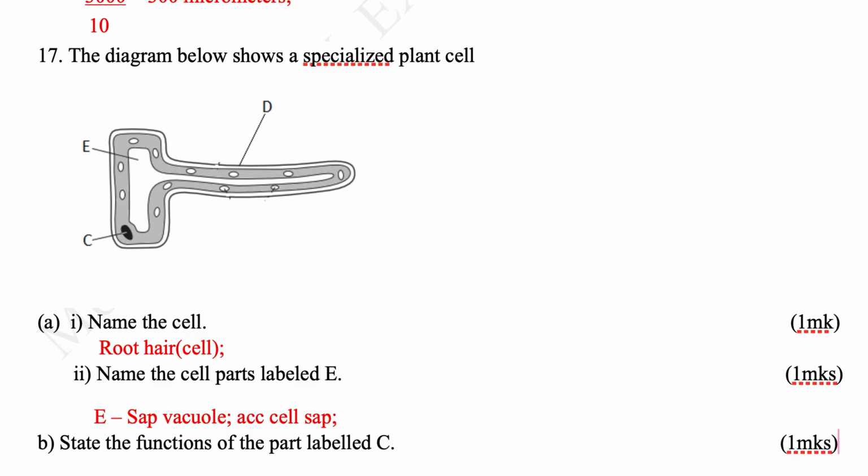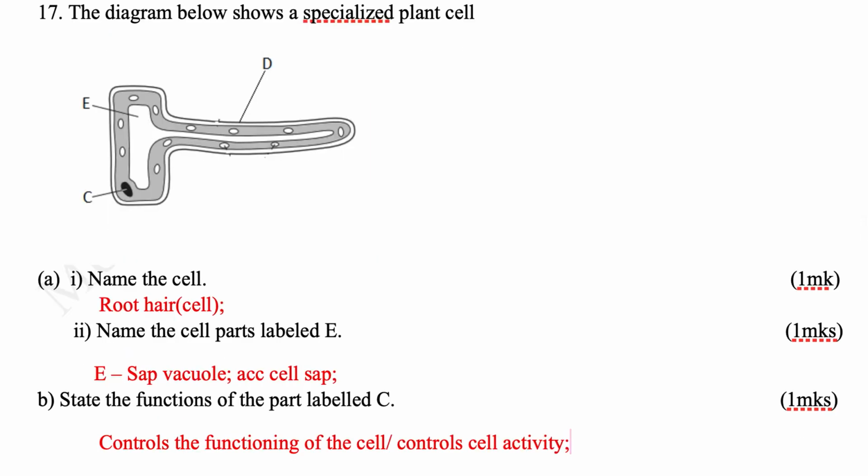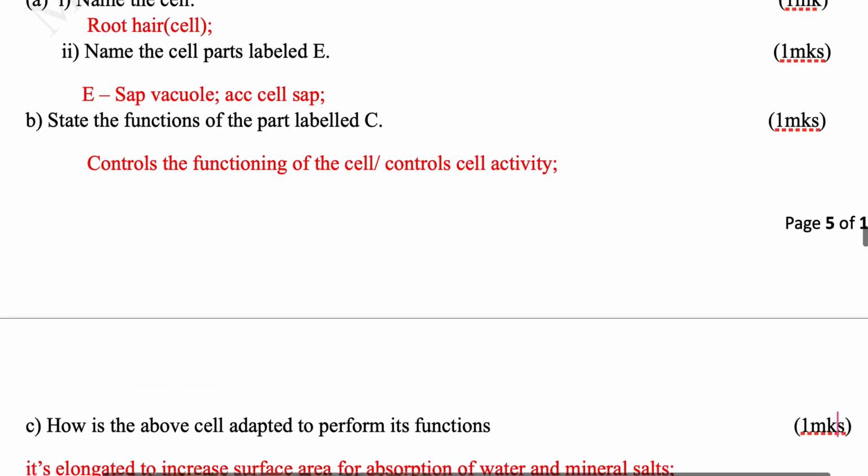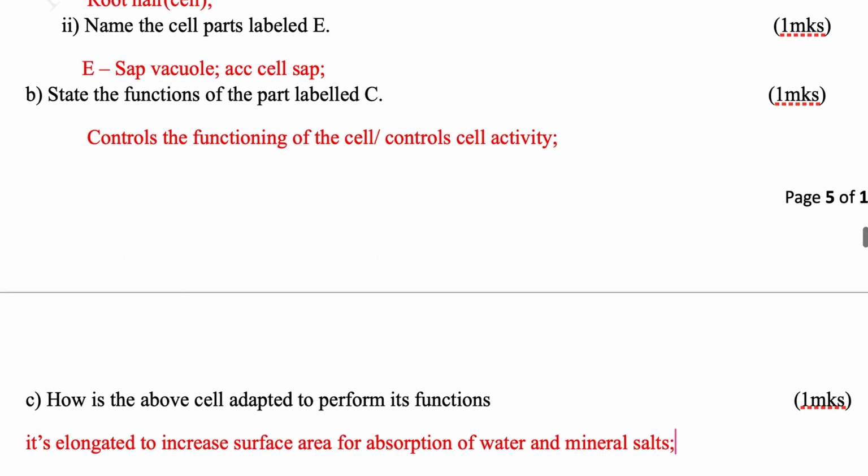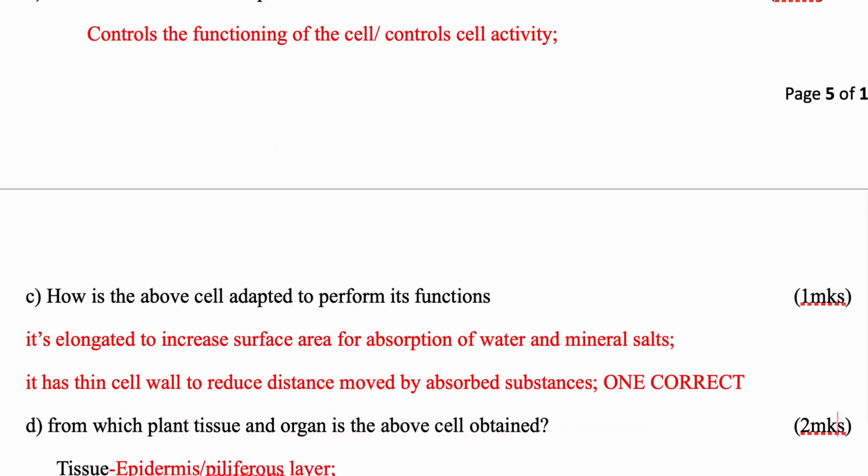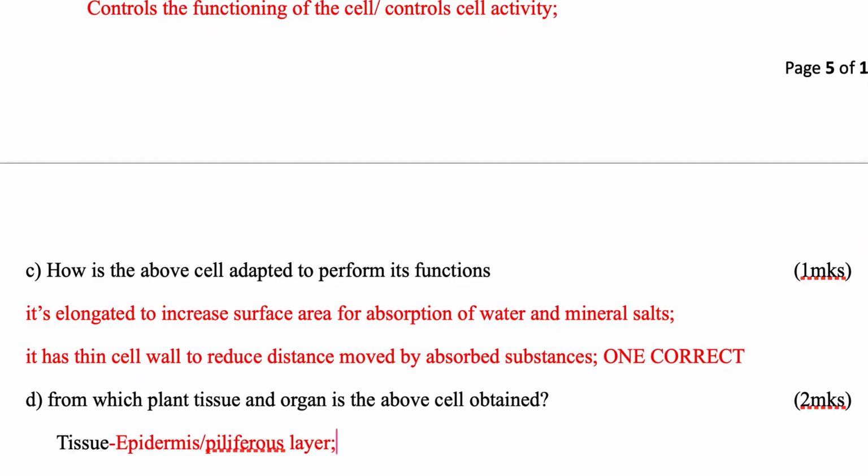State the functions of the part labeled C. Controls the functioning of the cell. How is the above cell adapted to perform its functions? It's elongated to increase surface area for absorption of water and mineral salts. It has thin cell wall to reduce distance moved by absorbed substances.